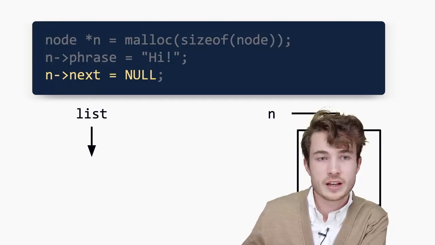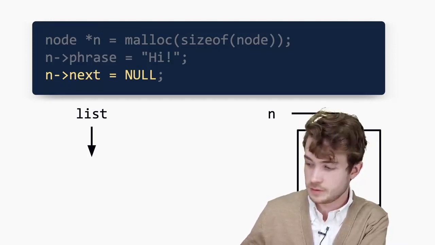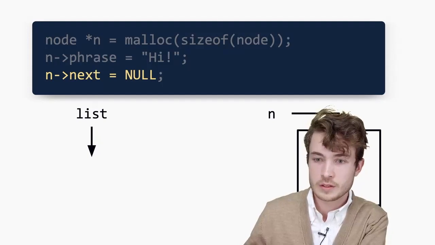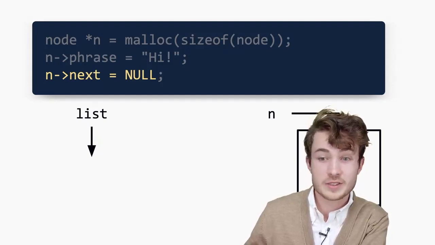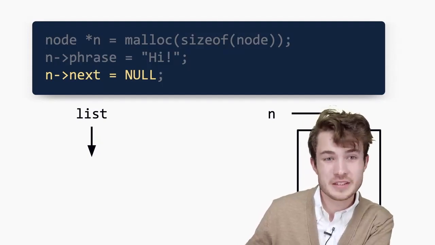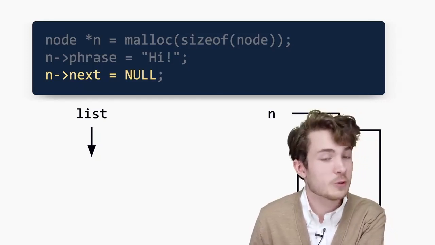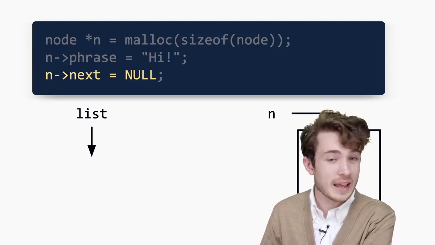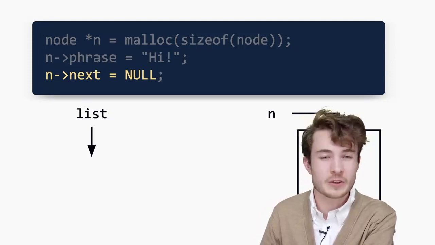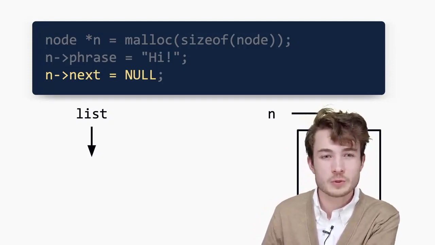Feel free to type in the chat if you think you might have it. So I'm seeing two competing opinions here. One opinion is that we should say list equals n, which would be list gets the value n. And I'm seeing n equals list, or n gets the value list. Which one do we think might work here?